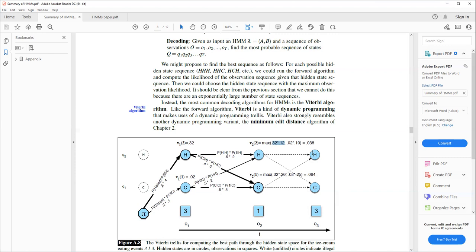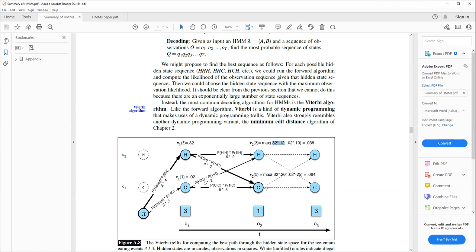So those are the probabilities that define this path. Then you take the maximum of both of these. Whichever is the maximum is going to be your V32. Similarly, you can calculate it for V31. And if you take finally the maximum of both of these, the one value that is maximum will be the path that is taken for the last step.